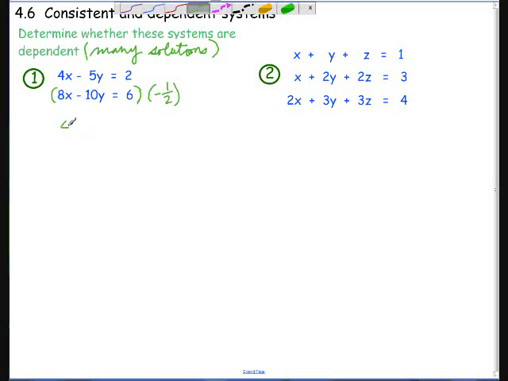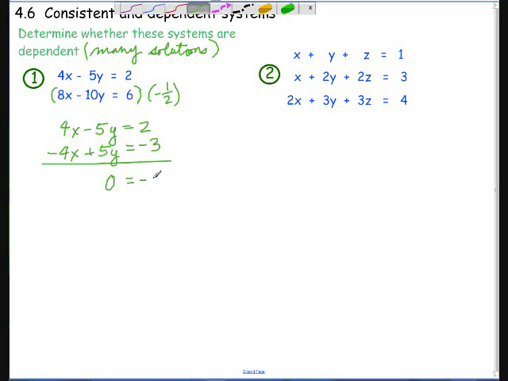So I'm not going to do anything to the first equation. Leave it as it is. And I think you'll see the wisdom of what I'm doing. Multiplying by a negative is going to change the sign, and multiplying by half will make this a negative 4x, a positive 5y, and a negative 3. When I add those together, I get 0 and 0, adding up to 0.